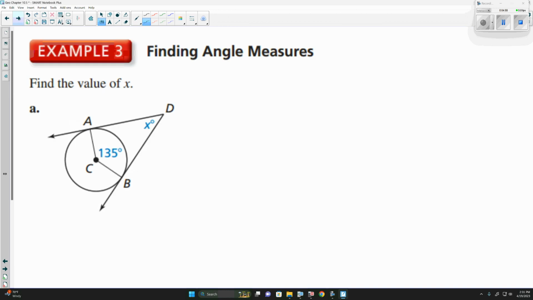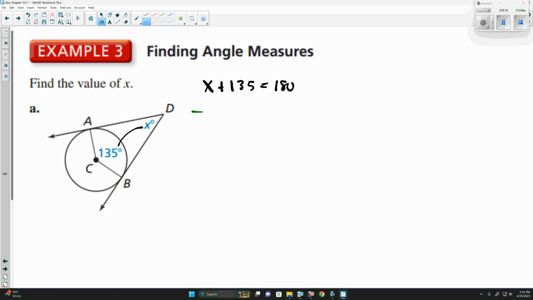So if we look at this here, AD and DB are two tangent rays. So it means that x and 135 degrees should add together to be 180. So we're saying x plus 135 is 180.